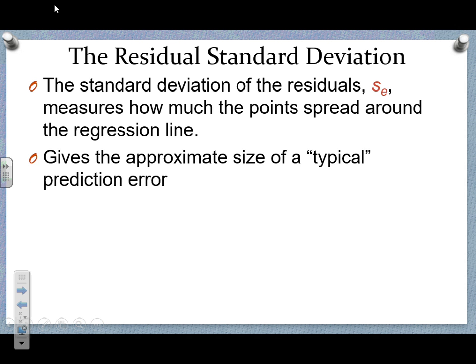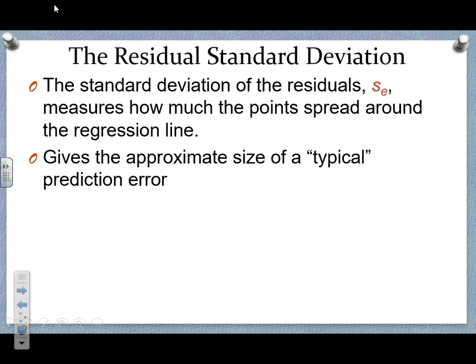Now, what standard deviation tells us is the typical prediction error. So the way to interpret standard deviation is, if we use this line to predict, then you will typically be off by however much your standard deviation is.